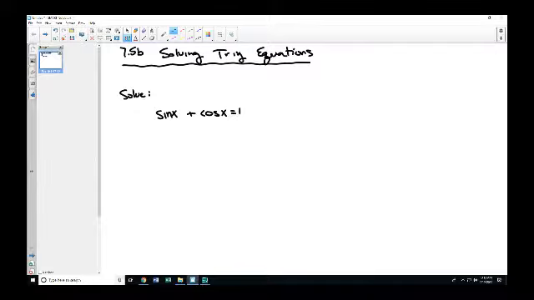Okay. So you have to think of sine and cosine values that combine to equal 1. So 90. Does 90 work? Yeah, 0 and 1, right?